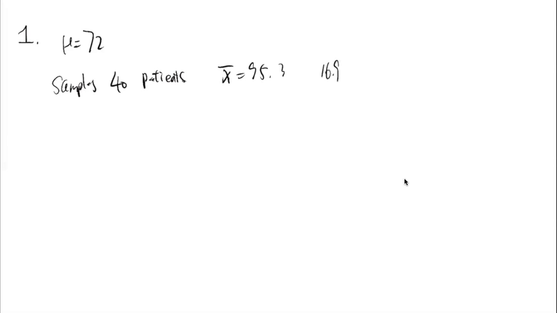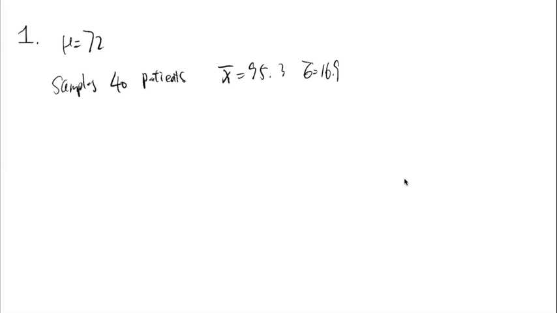In the general population, heart rates are normally distributed with a mean of 72. We sampled 40 patients in the ICU, and we had a mean of 95.3 and a standard deviation of 16.9.